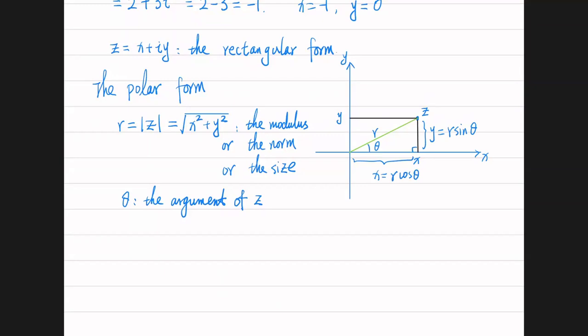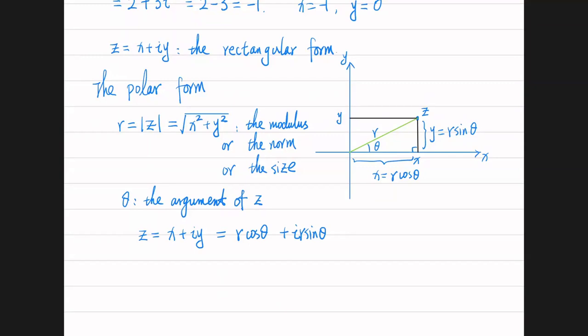Okay, so in the polar form, our complex number will be r cosine theta plus i sine theta. Wait, I have a question. Yes. Why is it called the argument?